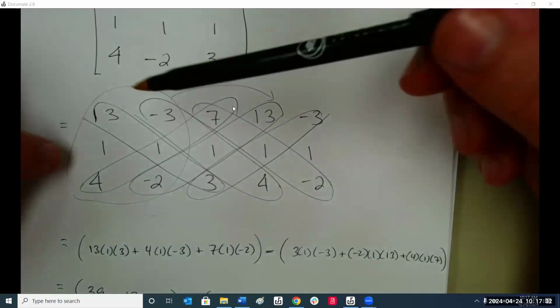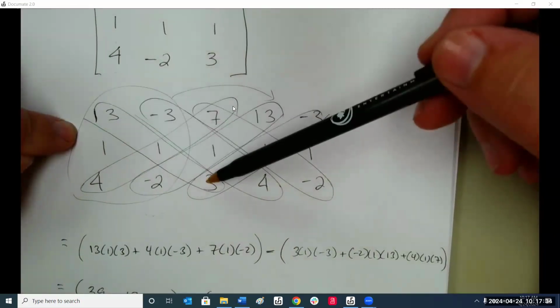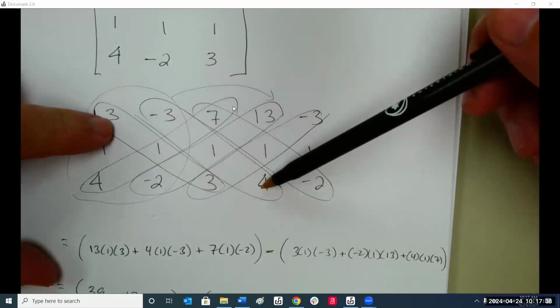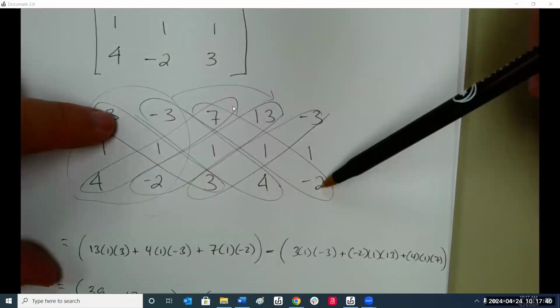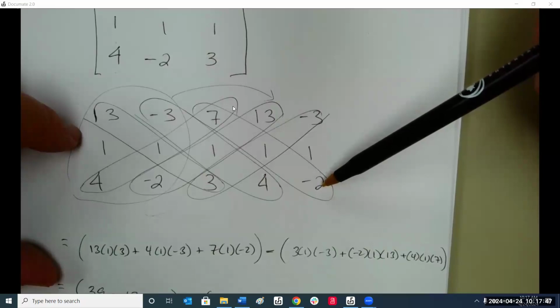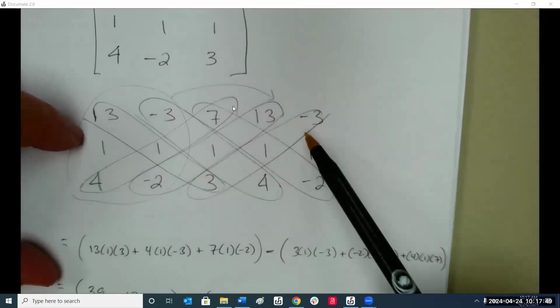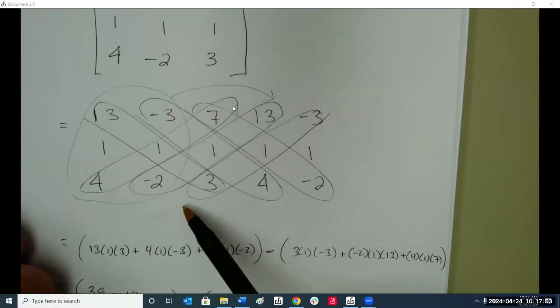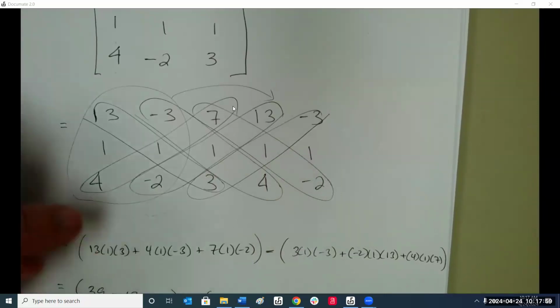Okay. 13 times 3 is 39, minus 12, minus 14. 39 minus 26, 13. Negative 9, negative 26, plus 28. So that makes it a plus 2 minus that makes it negative 7.